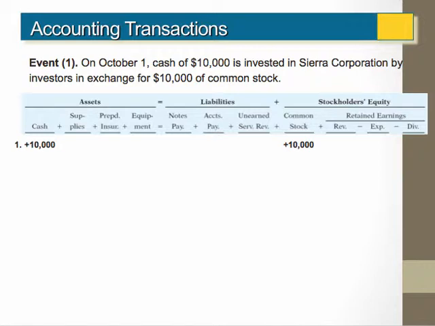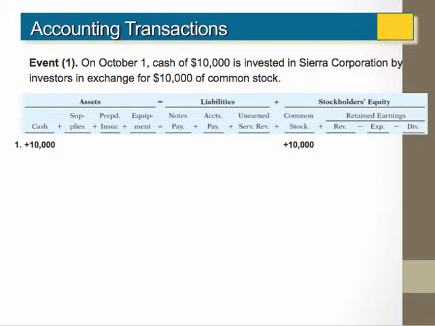So what we can do now is, if we have the original accounting equation of assets equal liabilities plus stockholders' equity, we can take the details of each of the various transactions and apply them to the accounting equation. So let's take a look at this event. On October 1st, cash of $10,000 is invested in Sierra Corporation by investors in exchange for $10,000 of common stock.